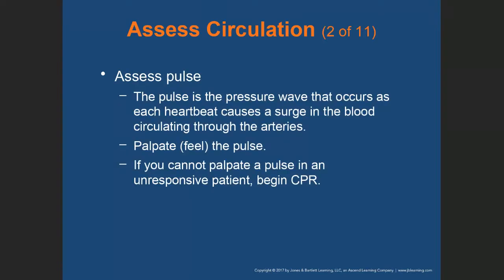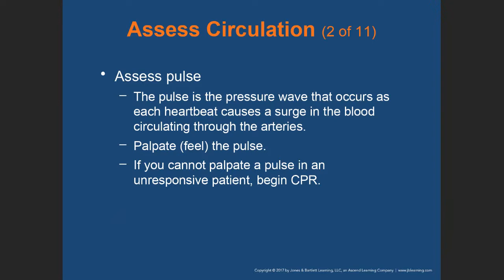So assess the pulse. Now, if your patient is responsive, peripheral pulse. So if you have a responsive patient, you check the radial pulse. If the patient is not responding, then you go to the carotid pulse. So the pulse is a pressure wave that occurs as each heartbeat causes a surge in blood circulating through the arteries.